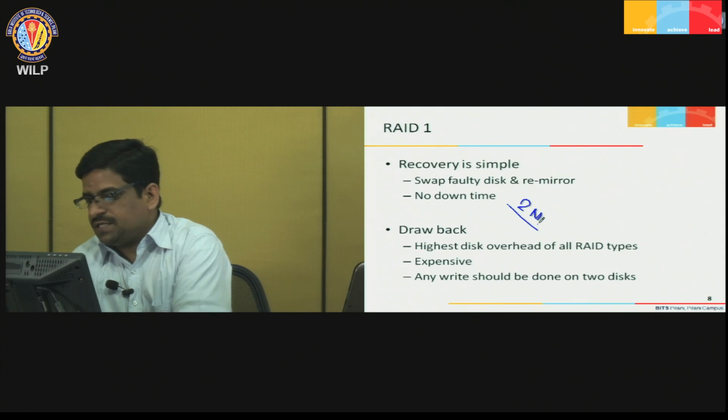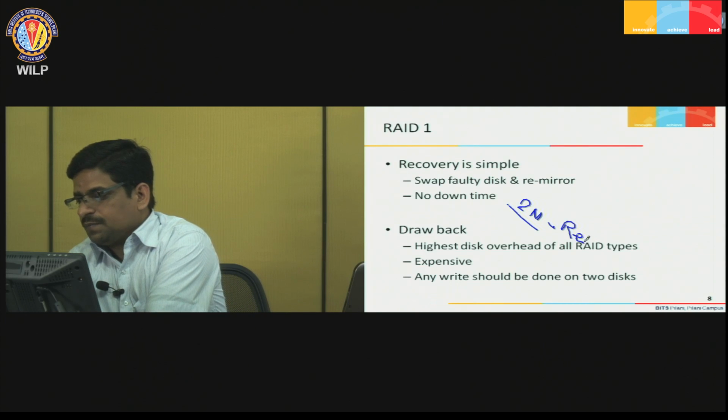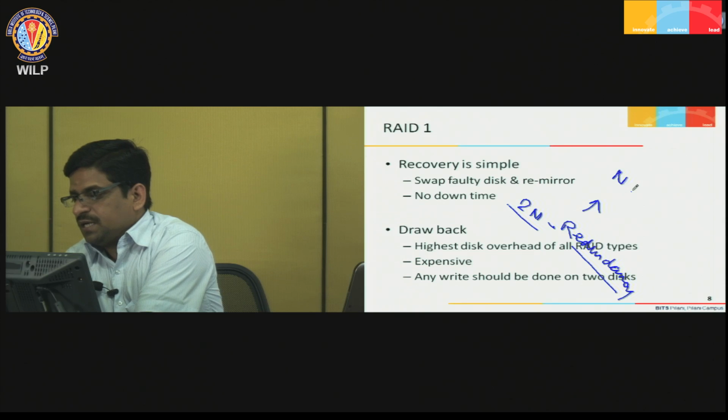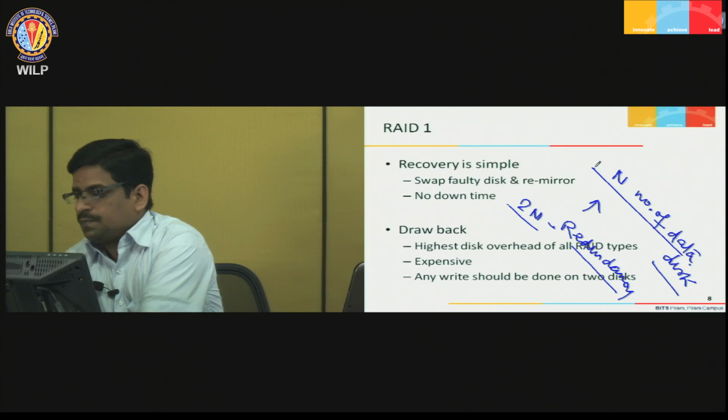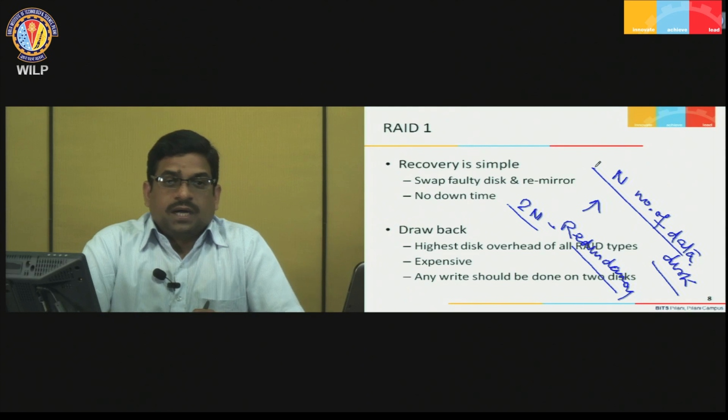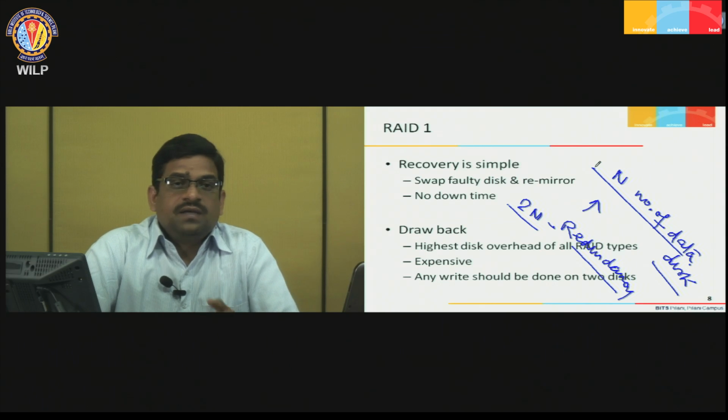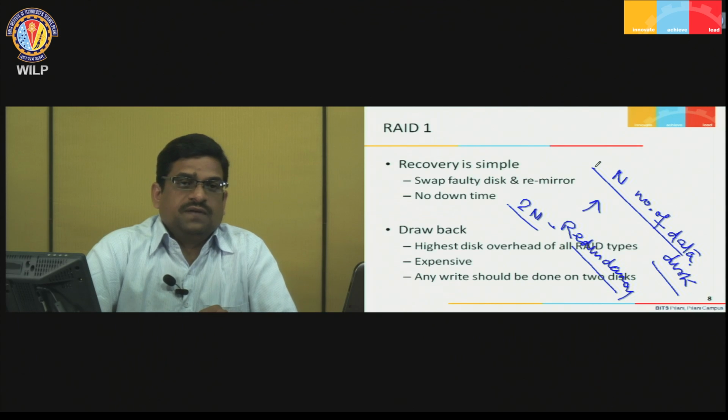So, the redundancy is 2n, where n is the number of data disks. Another drawback is for any write: let us say some information has to be modified on the disk, for example strip 0 has to be modified, and that modification has to be done in 2 places, because there are 2 copies. So, write overhead is there.